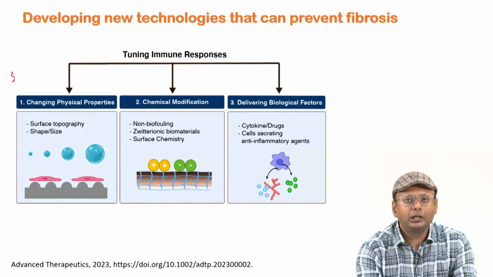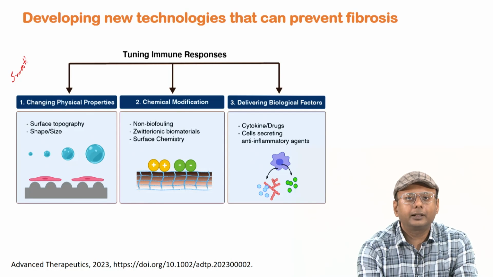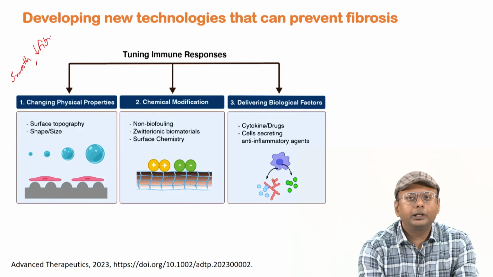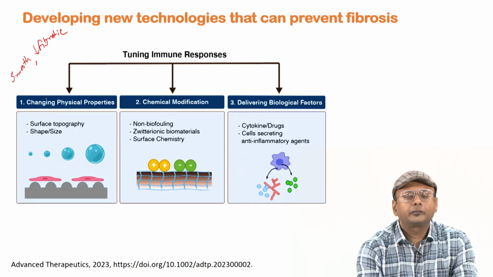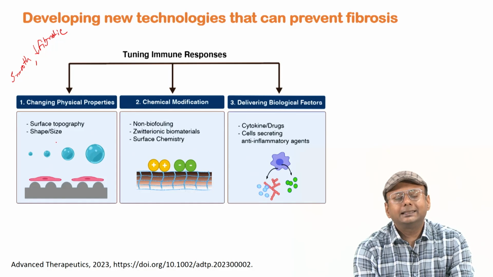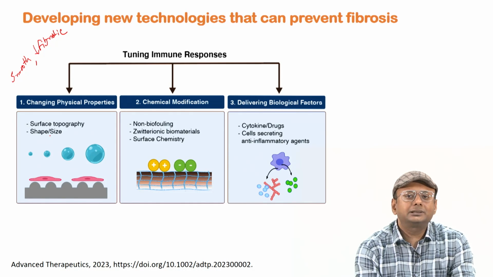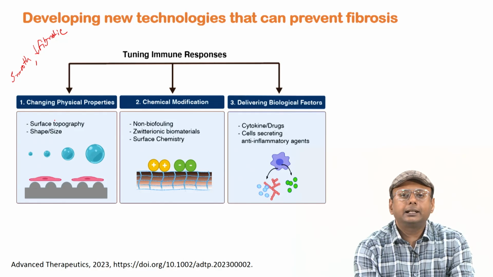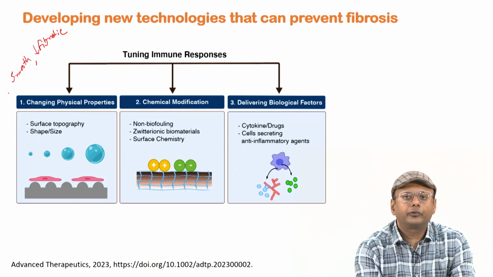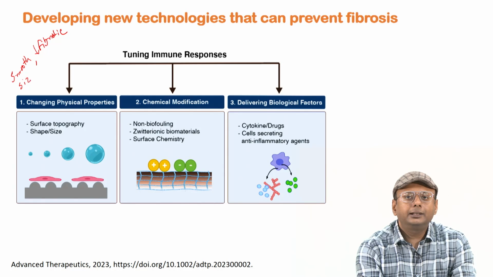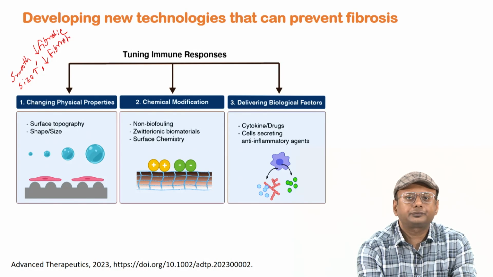So we can create a smooth surface to lower the fibrotic response. And then we can change the size and shape. In terms of size, it has been seen that if the size becomes too small, it creates a significant fibrotic response. So we can basically increase the material size as much as we can to lower the fibrotic response.